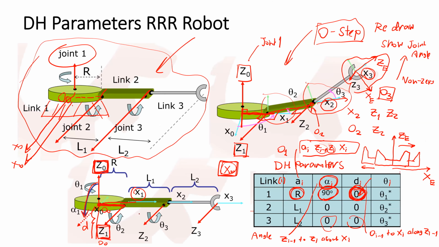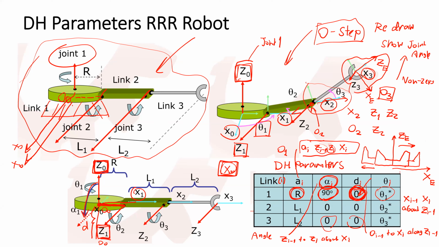So come to here. The angle between Xi minus 1 and Xi about Ci minus 1 will be the angle between X0 and X1 measured about Z0, which is the theta 1 angle.